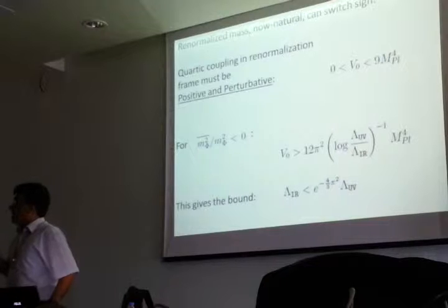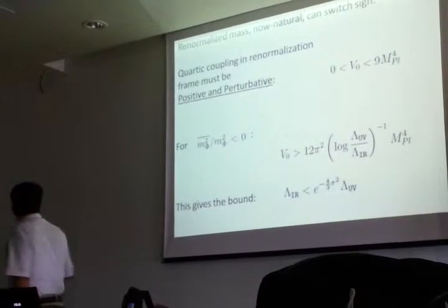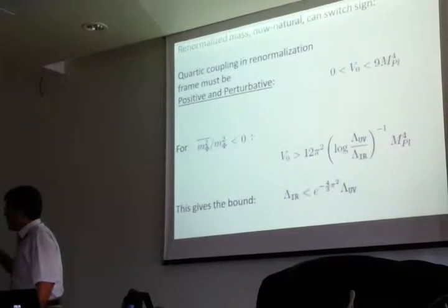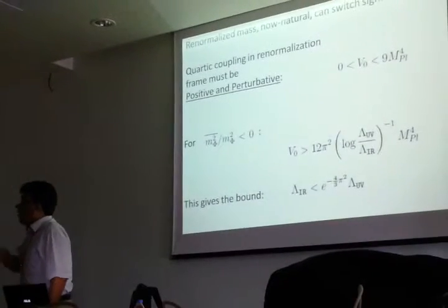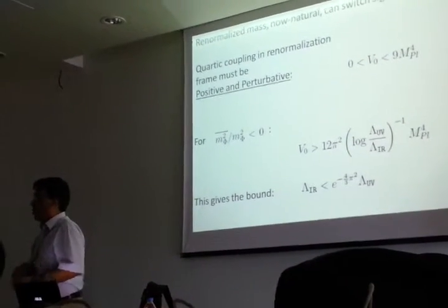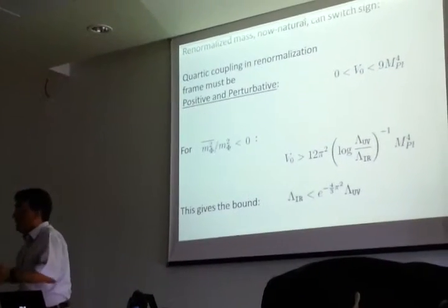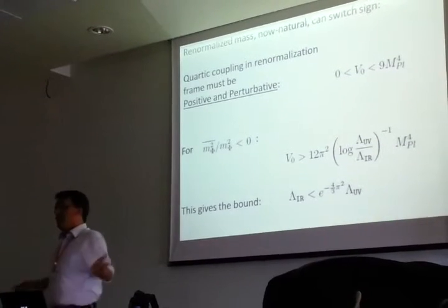And as you see, the scalar's mass can change its sign under radiative corrections. This means that it is radiative corrections themselves that break the gauge symmetry. So gauge symmetry breaking is under control because it is the radiative corrections that break your gauge symmetry to induce such a scale.